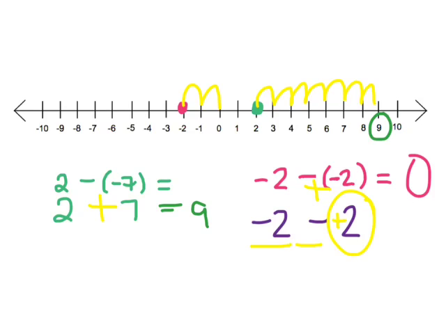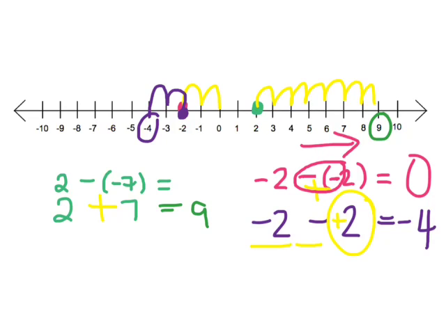We start at -2, but I'm taking away. Which way do I move? Left or right? Left. I'm taking away 2. So we would end up at -4. When you take away a negative, we move to the right because it's increasing. When we take away a positive, we move to the left because it's decreasing.